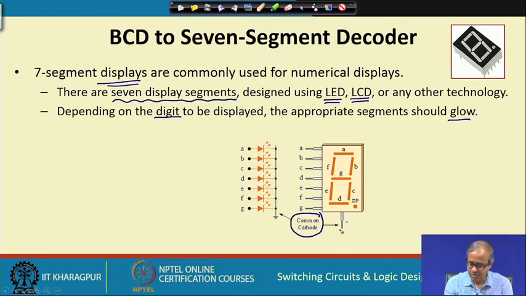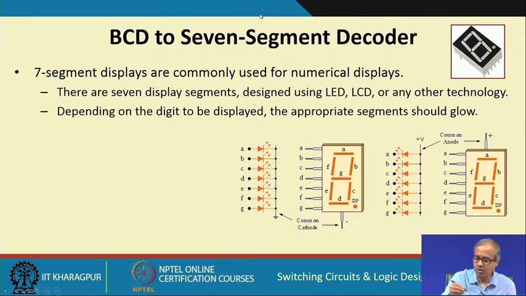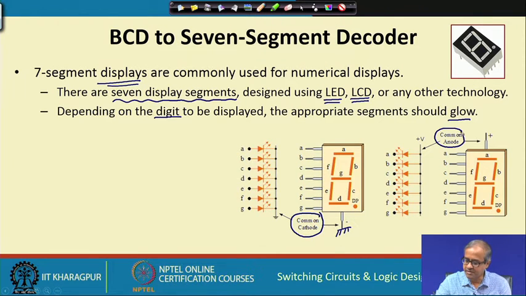This is the common terminal which you connect to ground, and you apply a voltage to the A, B, C, D, E, F, G inputs depending on which one you want to glow. Okay. Similarly, you can have a common anode kind of a display unit where the LEDs are connected in reverse order. The anode points are connected together and connected to a positive supply voltage, and when you want to glow a segment, you will have to ground the corresponding input, so that a current flows. Okay.